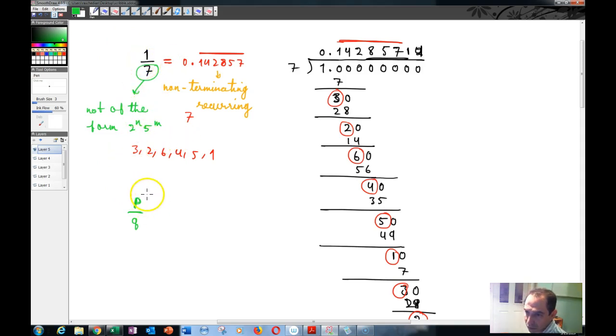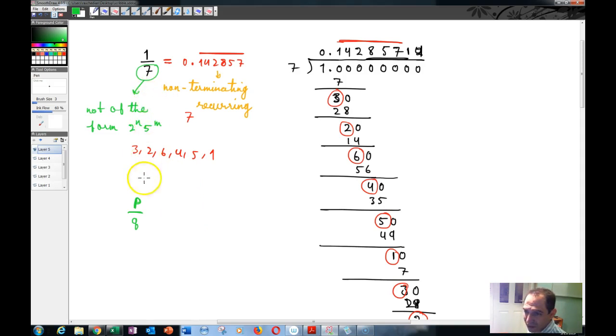Meaning that in this situation we said that if we had a rational number p by q, where p and q were co-prime, and the prime factorization of q was of this form, then the decimal expansion of this number is going to be terminating.